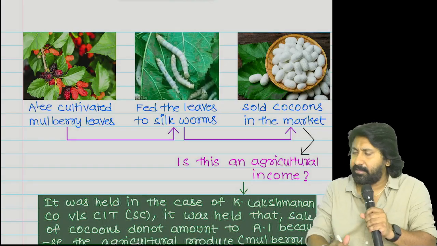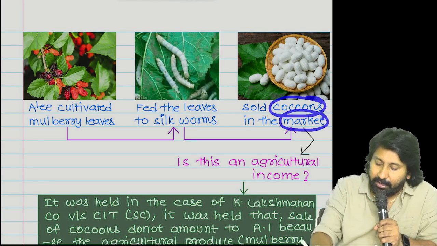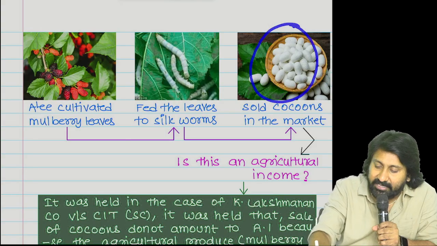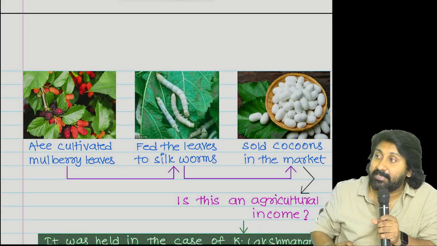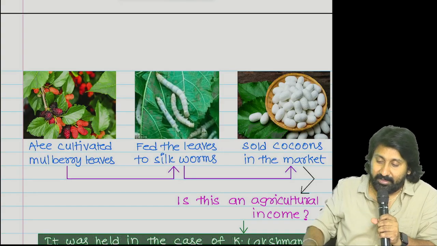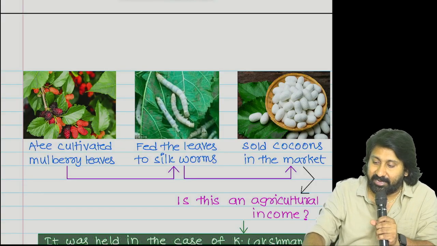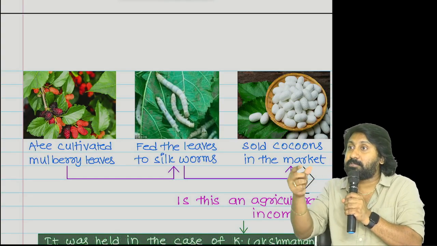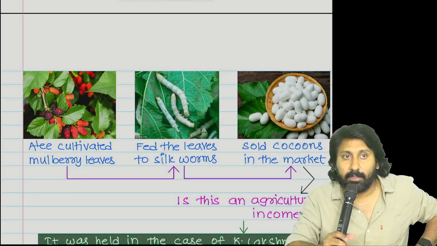Hey, listen here. Cocoons are sold in the market. Now the question arises: will the sale of these cocoons become agricultural income? It is a question. Just like that, a matter won't go to the Supreme Court. So let us understand. Cocoons directly relate to the worms which feed on the plant.